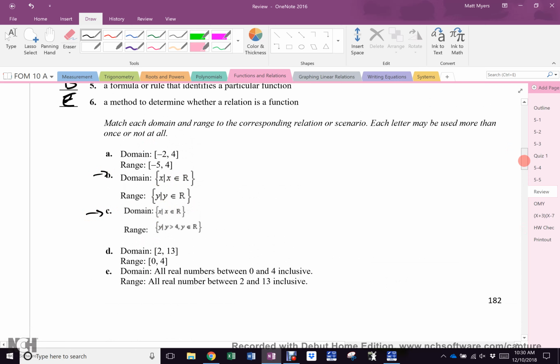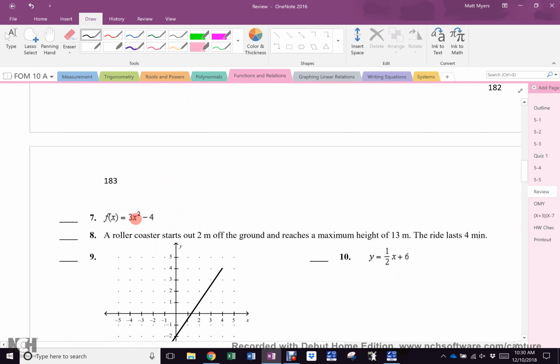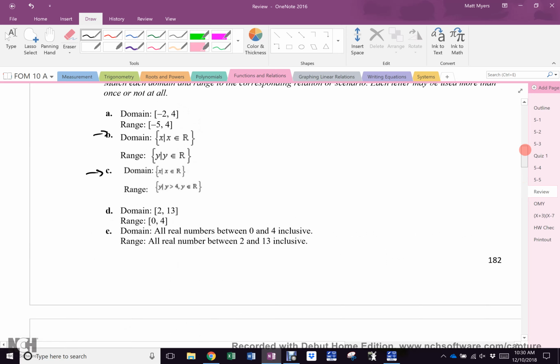So now I got to check my y's. What is the lowest value I can have for a y? -4, because when x is 0, 0 minus 4 is -4, right? When x is 1, that's going to be 3 minus 4, it's -1. So I can't go lower than -4, right? How high can I go? Infinite. So my y's have to be greater than or equal to -4.